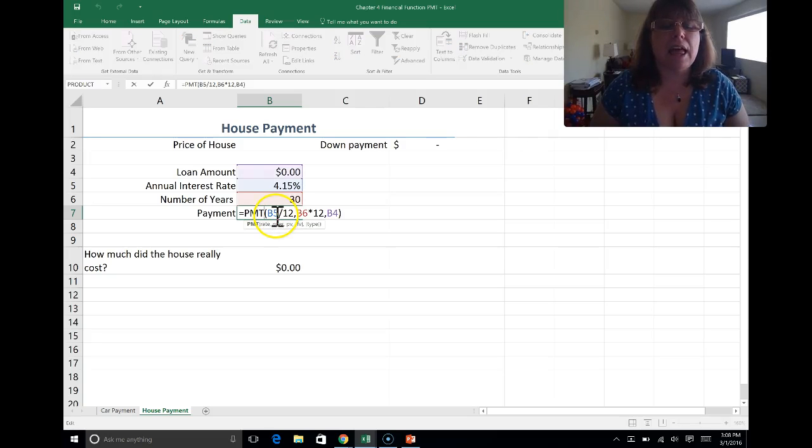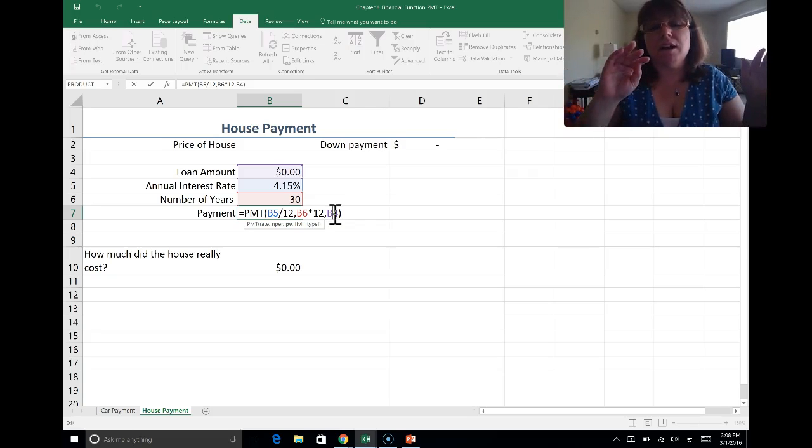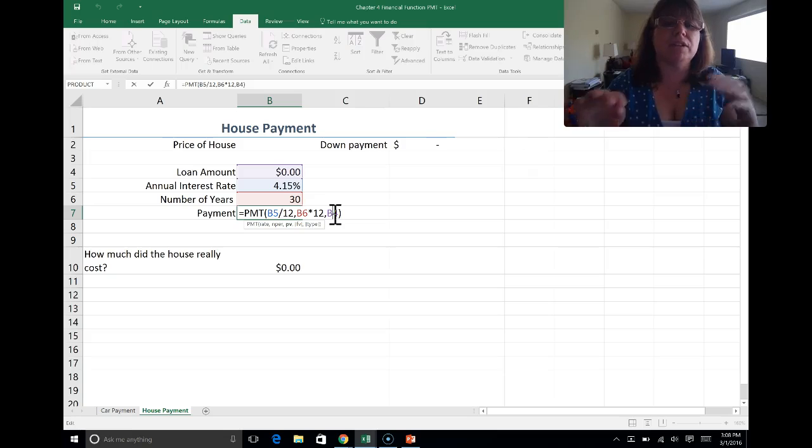It is the interest rate divided by 12 because I make a house payment every month. The number of payments is going to be the number of years times 12, because again I make a payment every month. And then the present value is the loan amount. That's all I need to know right now. It's going to assume that I want to pay off the loan, and that I make a payment sometime during the month.